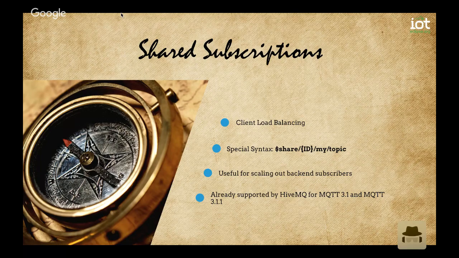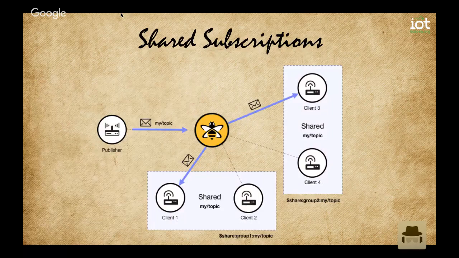Shared subscriptions are a very interesting concept for scaling out backend subscribers. Let me demonstrate this with a picture because this is easier to show. Let's assume we have a publisher which sends a lot of messages. So we have a high frequency topic.